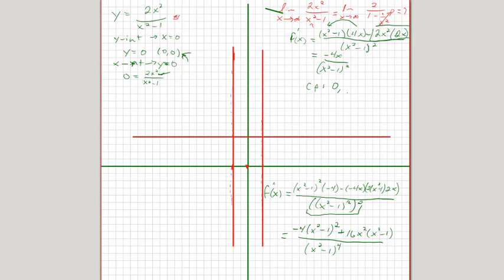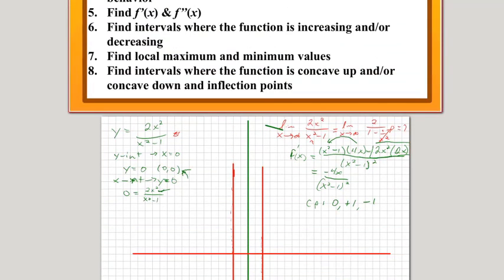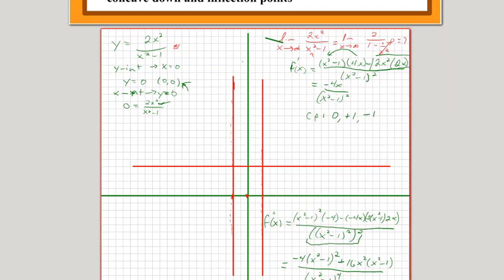It's undefined at plus 1 and minus 1, which are the vertical asymptotes. Once I pass over those, I might switch from an increase to a decrease. So that's why I'm interested in those critical points. 0 is also another candidate.